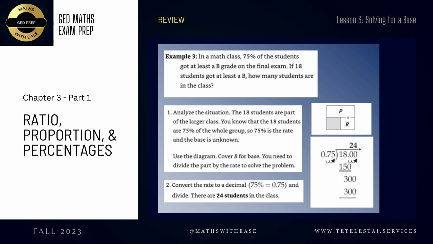We bring down the 0. 75 into 300 goes 4 times. 75 times 4 is 300. 300 minus 300 is 0. So we know we're done with our long division. We don't have any remainders, and our decimal point is exactly where it should be. So in this example, it's reflecting a whole number of 24. So we know that there are 24 students in the class, which is our base.